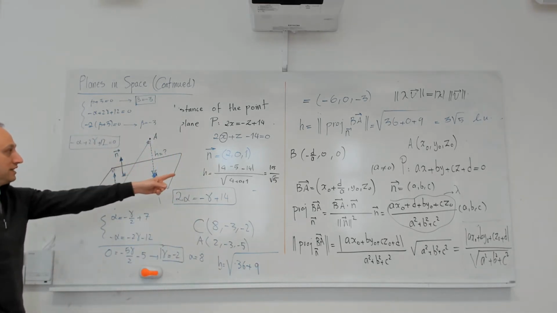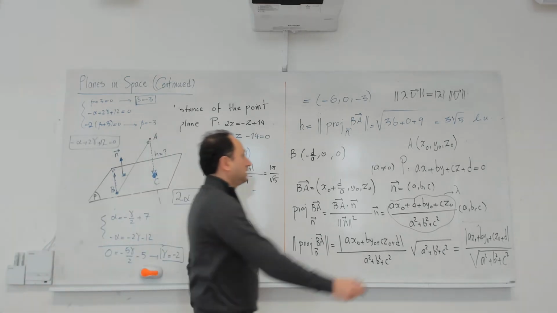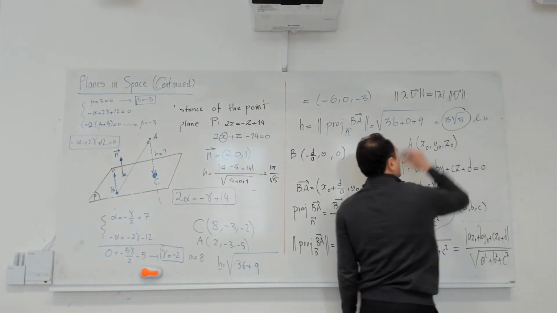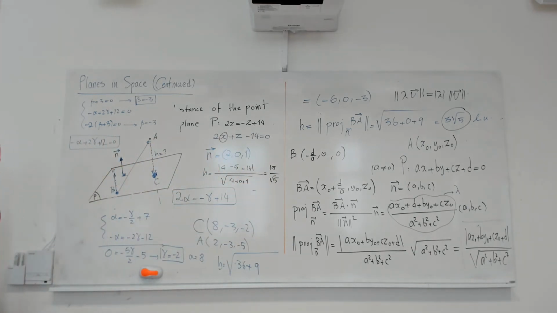But do you believe that this answer is correct? What was the answer? The answer is supposed to be 3 square roots of 5, but the one that we get is 15 divided by square root of 5. Is that the same number? Yes, it is the same number.